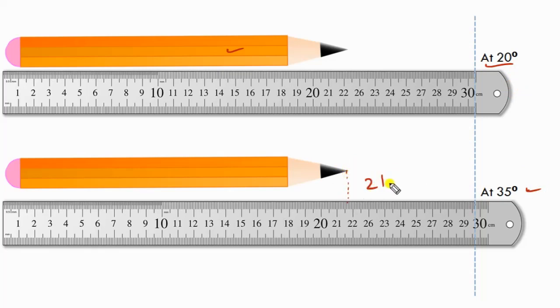Here the value is about 21.6 centimeter, while here at 20 degrees Celsius the correct value was about 22.2 centimeter. So at a temperature higher than 20 degrees Celsius, I am getting a value less than the correct value consistently. That means I am getting a negative error consistently.